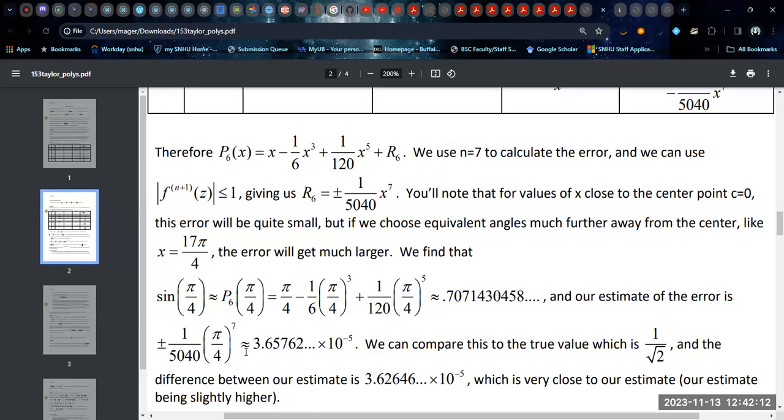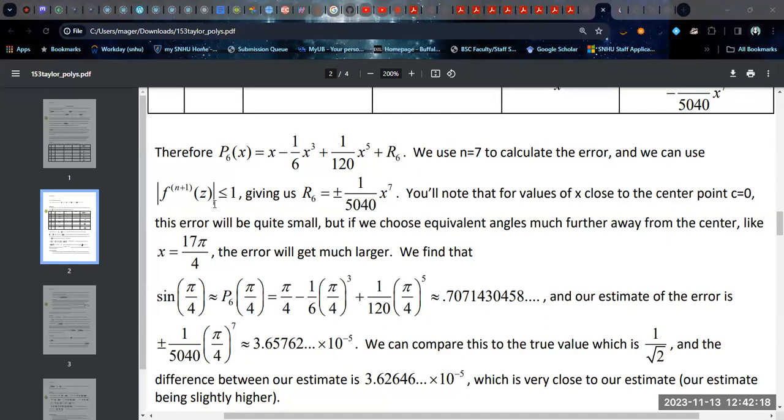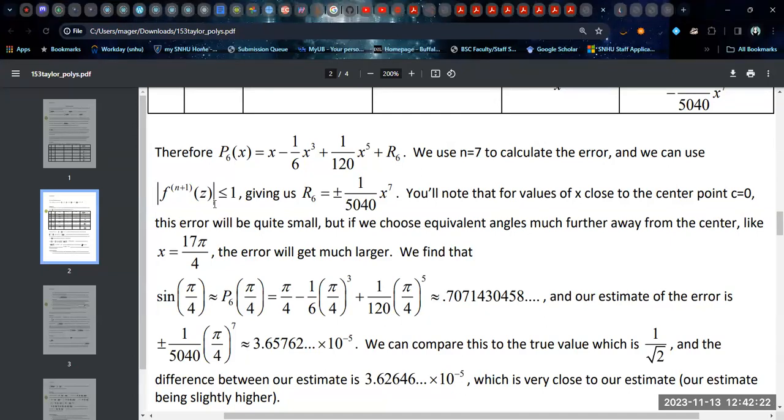Now, as I noted before, if you do not have a function like sine or cosine, where there's a maximum value on the whole function, then typically you have to specify an interval that contains both the center and the point at which you're doing the estimate in order to get this estimation.